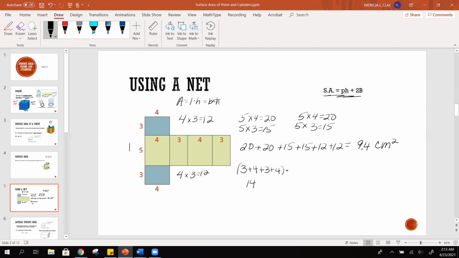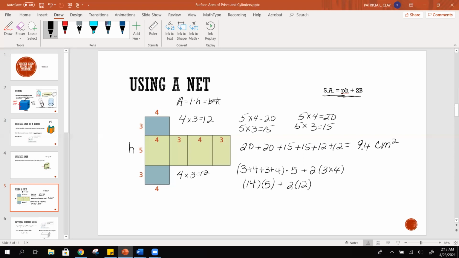Our height was over here, which was 5. So I'm going to put 14 times 5 right here. The next part said 2 times the base. The base was 3 times 4, so that is 2 times 12.